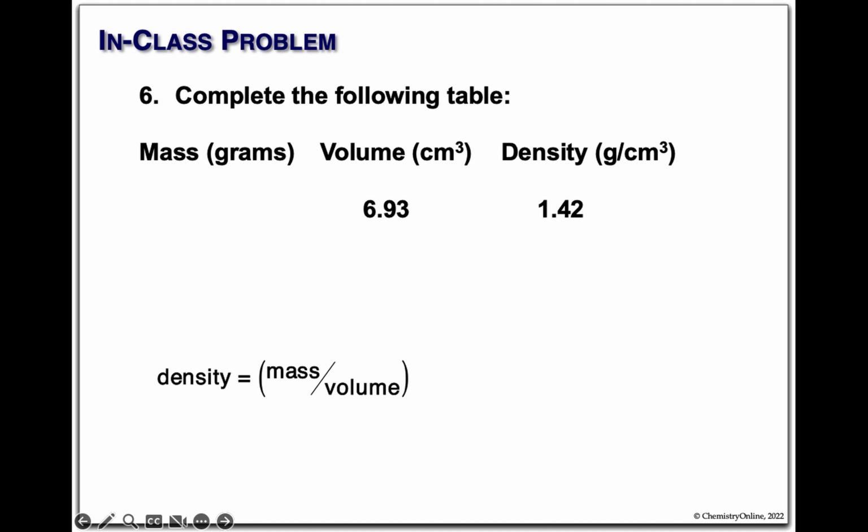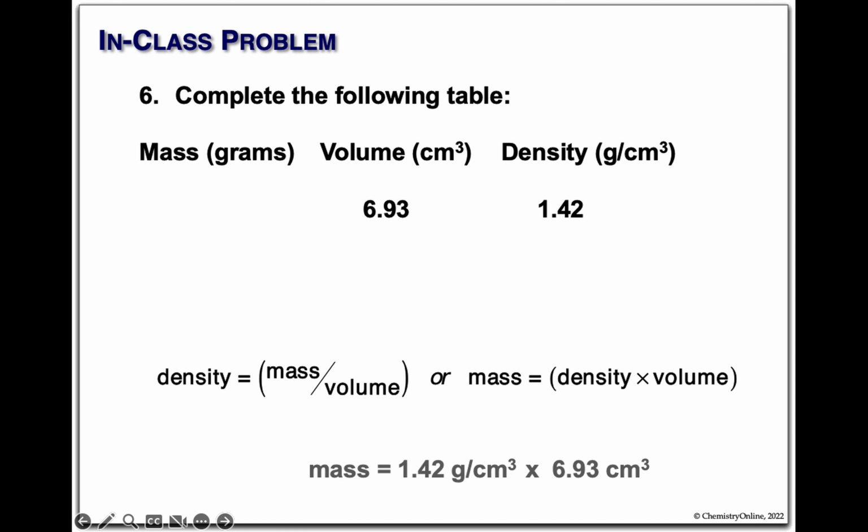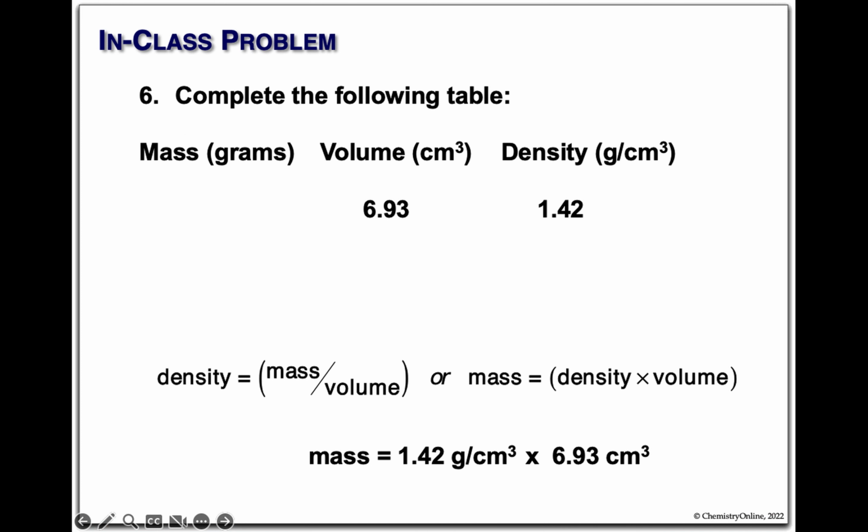If density is mass divided by volume, then mass is going to be density multiplied by volume. So all we have to do is take our density, our volume, multiply them together. When we do, oh, there it is, 9.84. Any questions, guys?